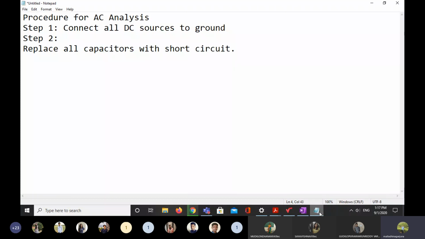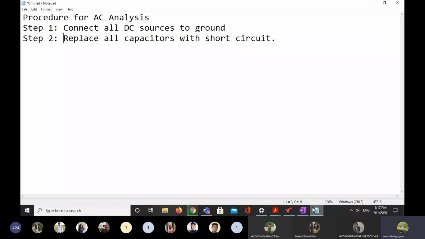In the DC analysis, when doing DC biasing, we assumed the capacitors are open circuit, because a capacitor acts as open circuit for the DC signal and as short circuit for the AC signal. Now we are doing AC analysis. The DC analysis, that is the DC biasing to set the operating point, was already done in the last class.